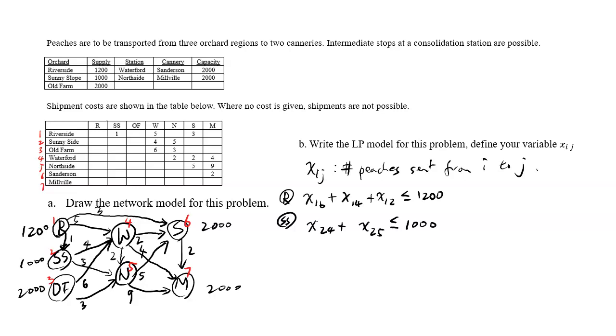But what about this? Well, see, you have some extra peaches coming from Riverside, and those would add to our supply, right? So even though Sunnyside can only make 1000 peaches at most, you could add more because there are extra supplies coming from R. So that's actually the important part.